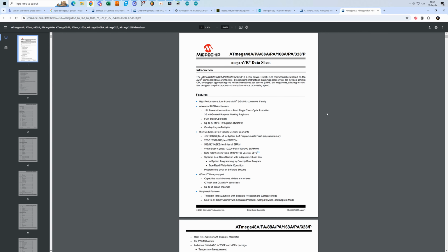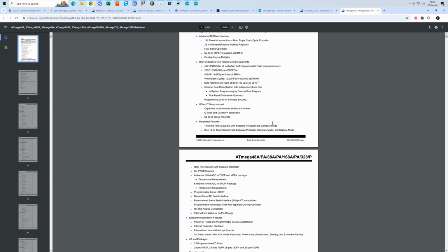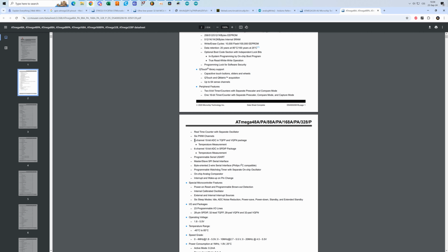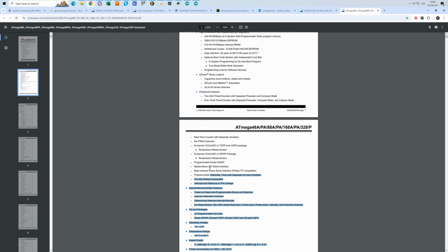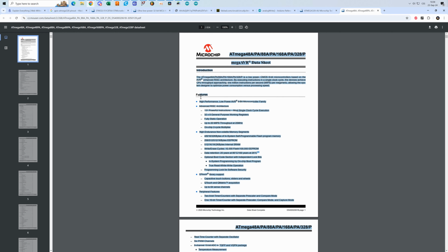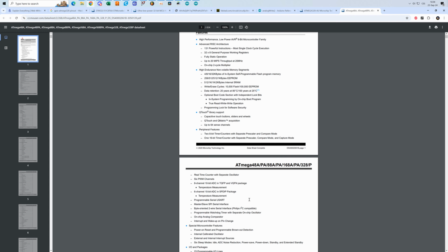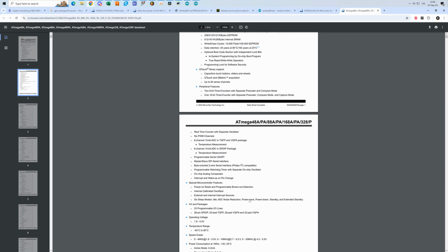So we can see immediately that the Arduino chip, the ATmega328, has ADC. It has 10-bit ADC, but we see no DAC over here anywhere. So we can immediately tell that it doesn't have a DAC.